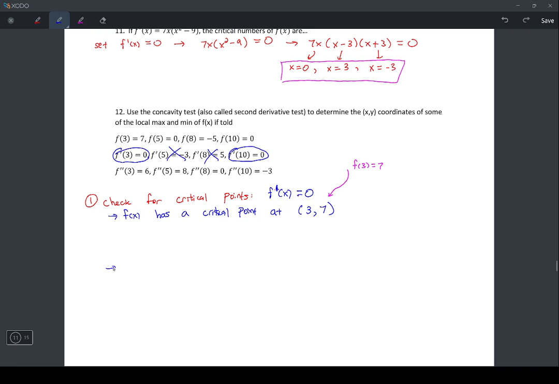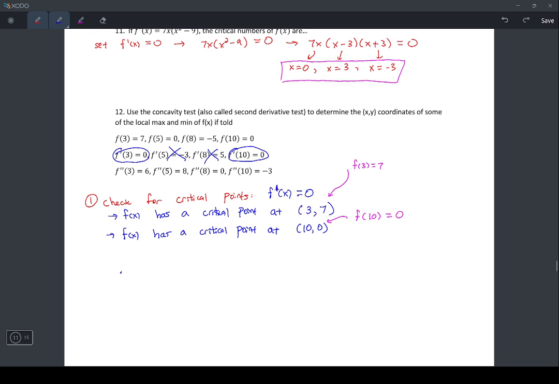Okay, and f of x has a critical point at (10, 0), because f of 10 is equal to 0.